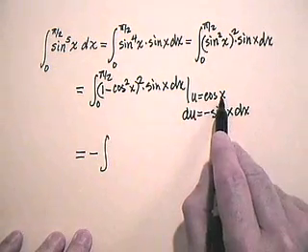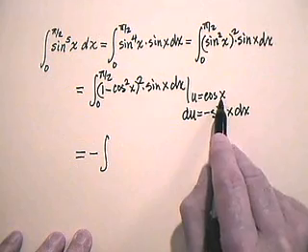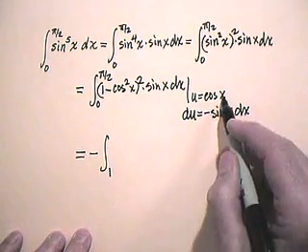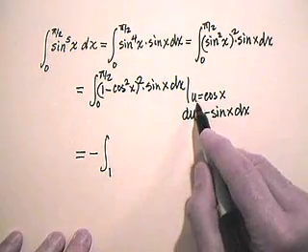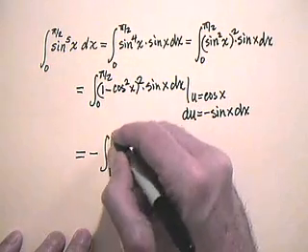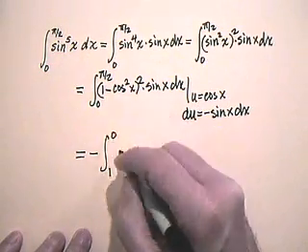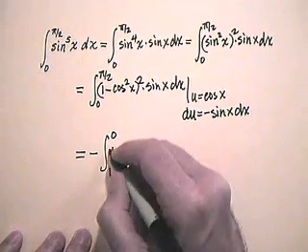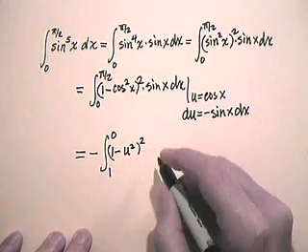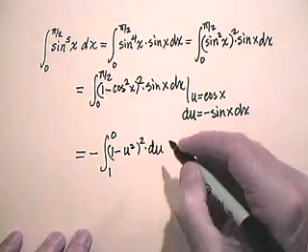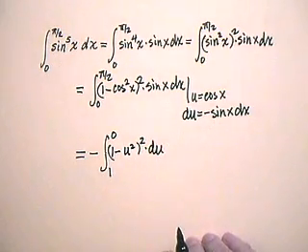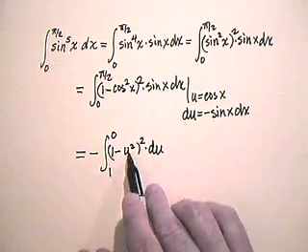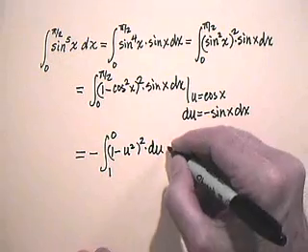When x is 0, u is cosine of 0, which is 1. When x is pi over 2, u is cosine pi over 2, which is 0. And then we have 1 minus u squared, all squared, times du.